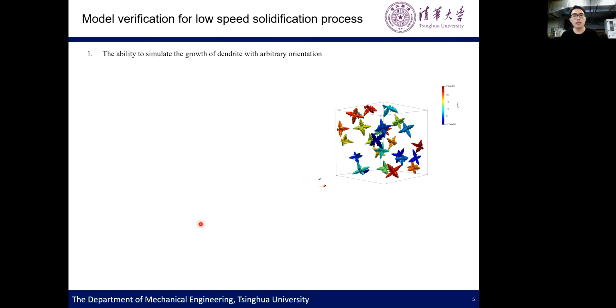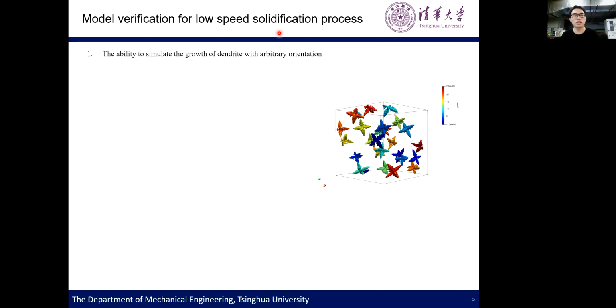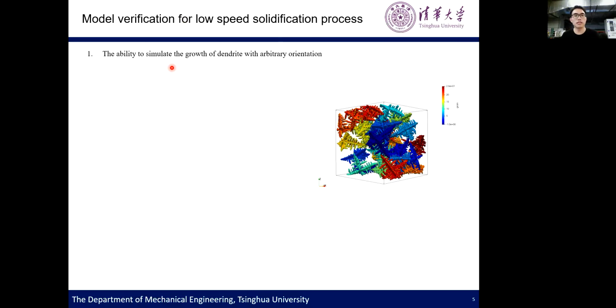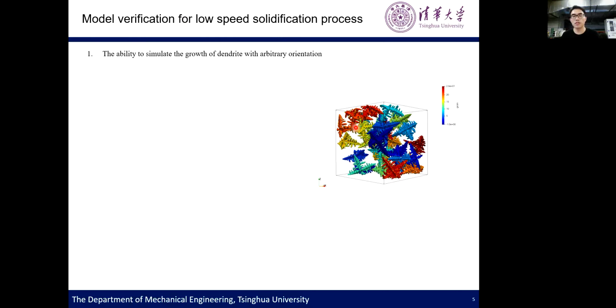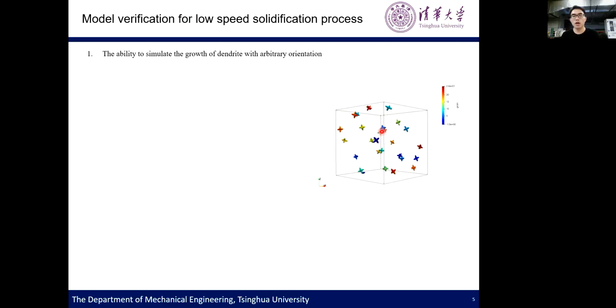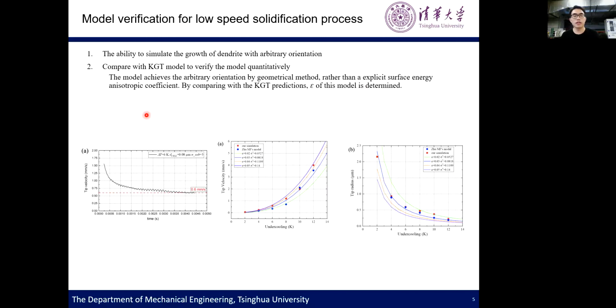We comprehensively verified our model. First is for the low-speed solidification process. We first verified the model's ability in simulating the growth of dendrites with arbitrary orientations. Here shows the simulation result. We can see the model works very well. And secondly, we verify our model quantitatively.